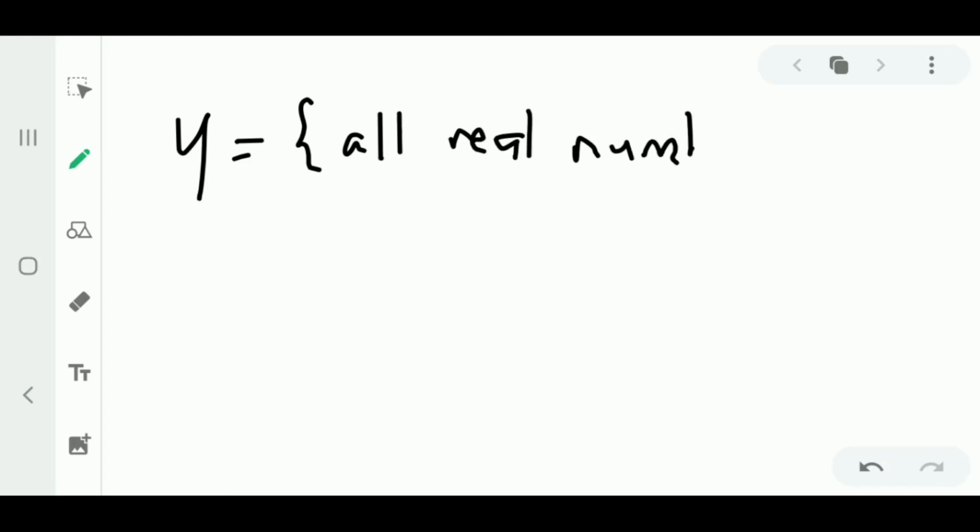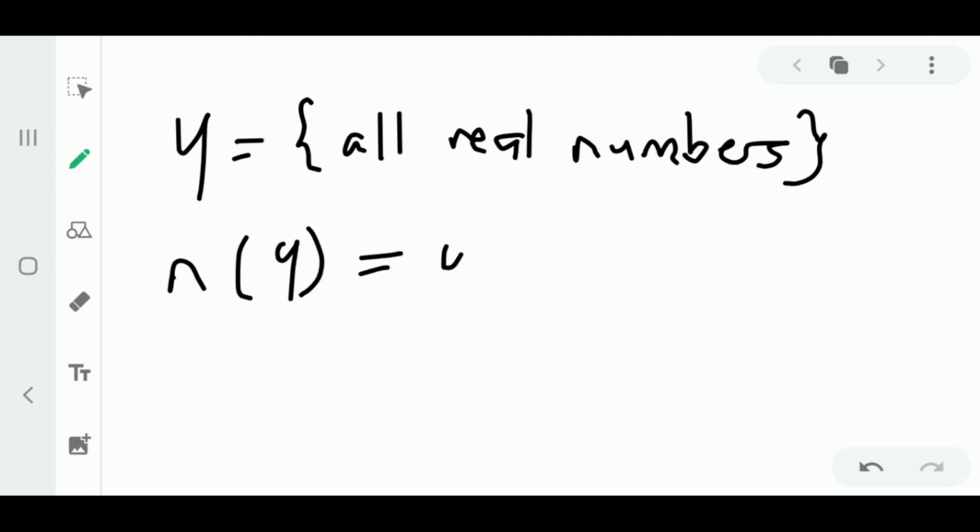But what if I asked you to let Y be equal to all real numbers? That is infinite because you will be counting maybe past infinity and beyond, right? So n of Y is unknown, and this is infinite.